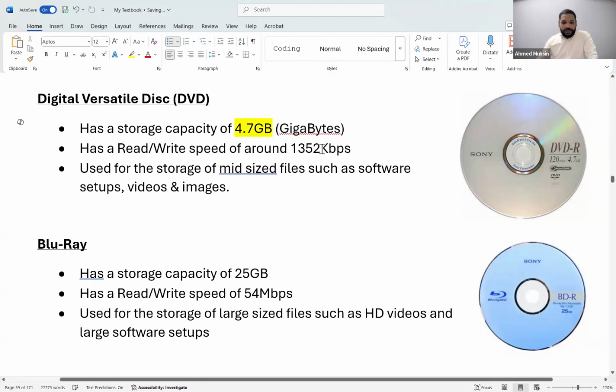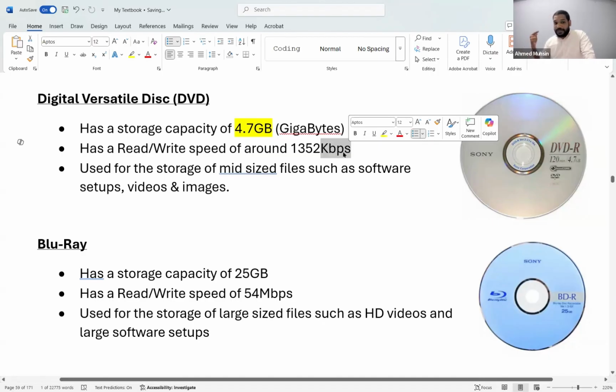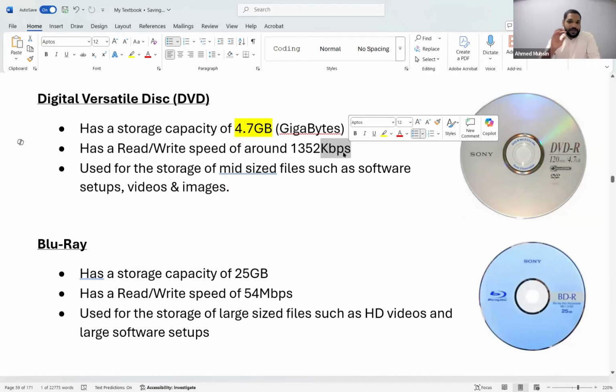And then over here you all know the unit of this, right? KBPS stands for kilobits. Small b is bits. Capital B is bytes. We will be learning it later on in this chapter, next week most probably. Kilobits per second. So generally for software setups and HD movies, we use a DVD. Can you all read that?